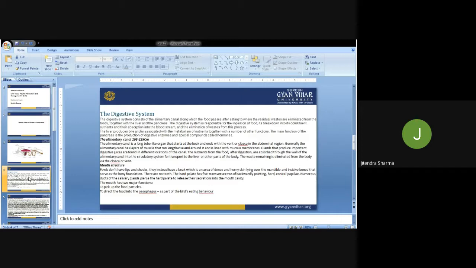The liver produces bile, and it is associated with the metabolism of nutrients, particularly fat metabolism, along with a number of other functions. The main function of the pancreas is the production of digestive enzymes, which are very important, such as amylase, lipase, and proteases.